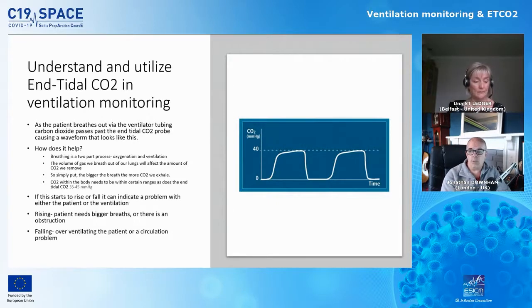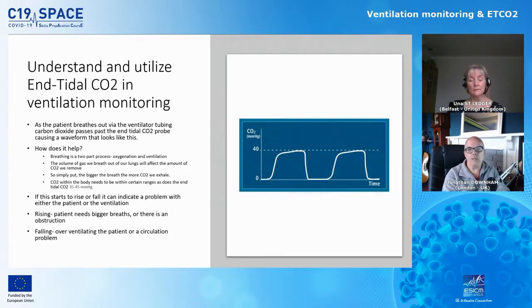How does that help us once the patient's intubated? What's important to understand here is that breathing is a two-part process. You've got oxygenation, the amount of oxygen we supply, and then you've got ventilation. Don't get this confused with the ventilator. Ventilation just means how well expanded the patient's lungs are.